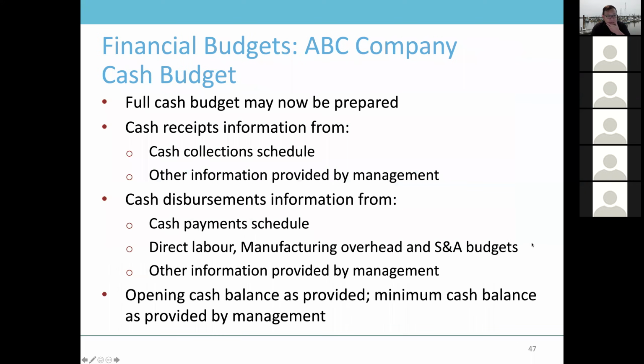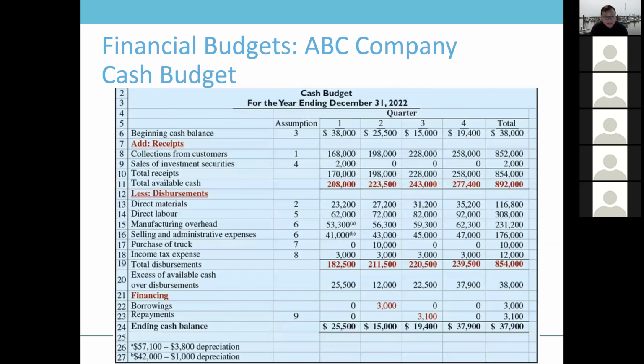Okay, so with all this information, let's take a look at what it's going to be like. Okay, so we were told that the opening balance for the cash here is 38,000.